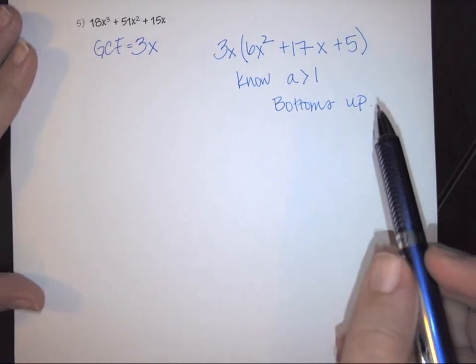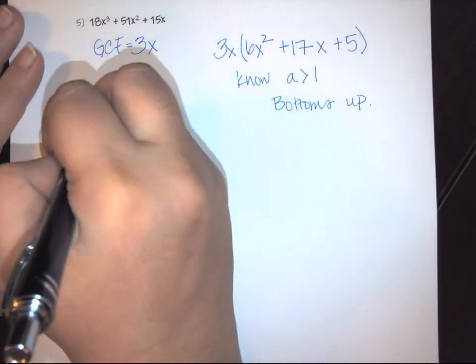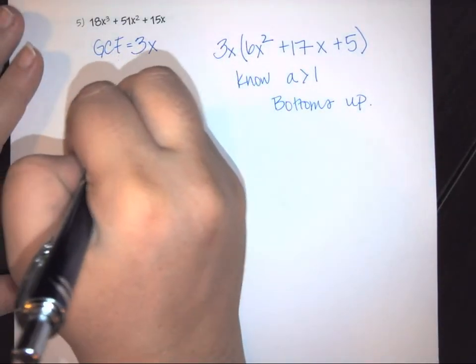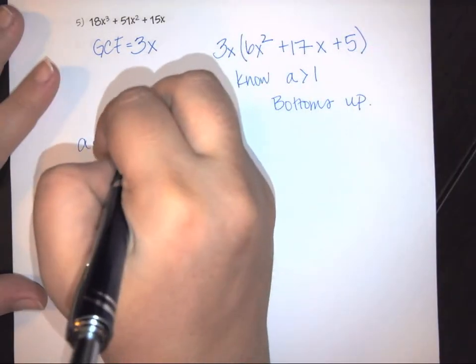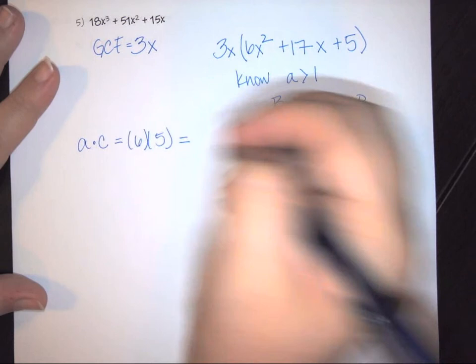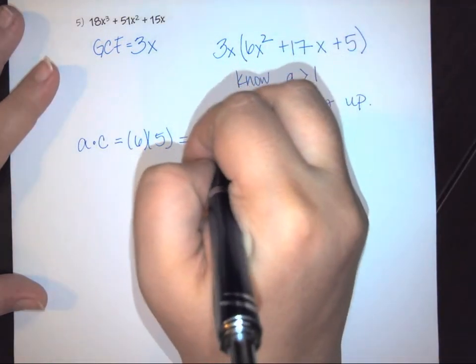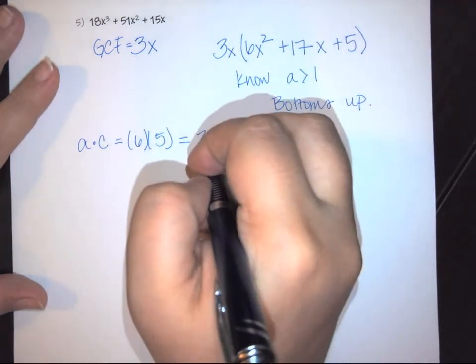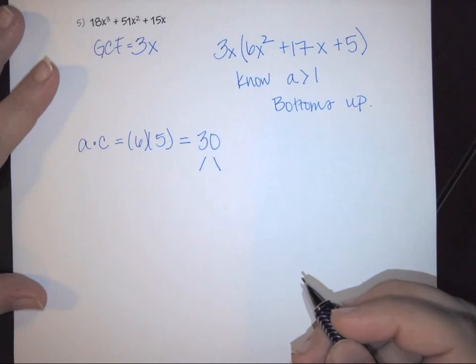So here, bottoms up says I have to do a times c. My a term was 6, my c term is 5. A times c gives me 30. I need to find my factors of 30.